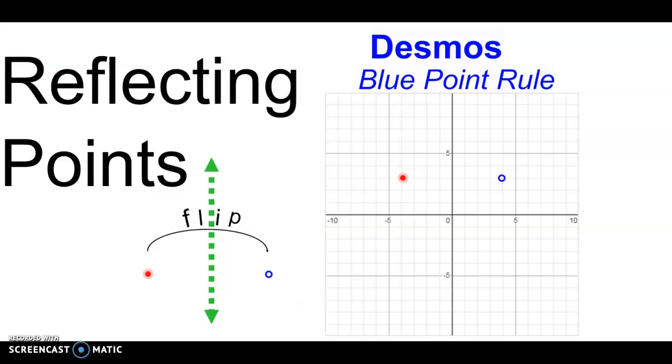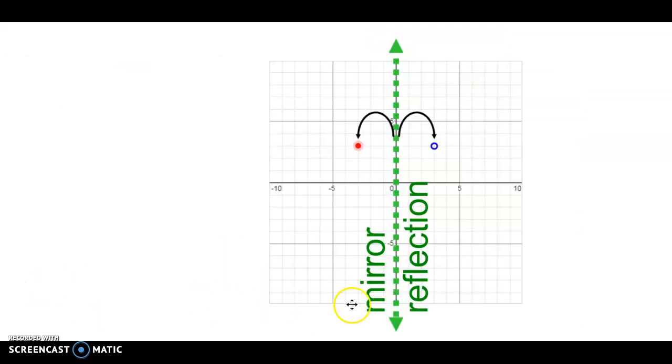Let's take a closer look at it here, what's actually happening. You have this reflection point that's on the y-axis, and I'm going to call it a mirror. And what we're doing is we're going the exact number of spaces to the other side.